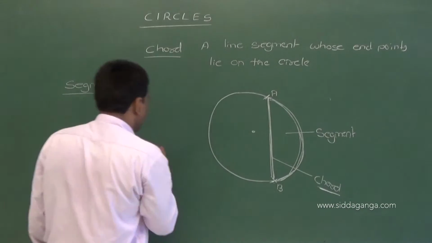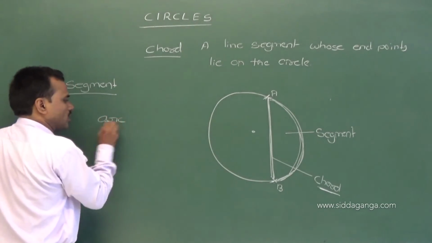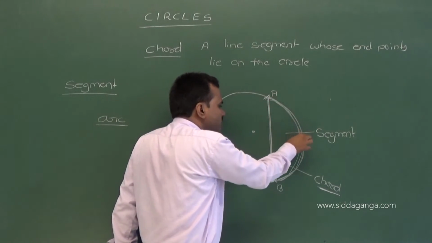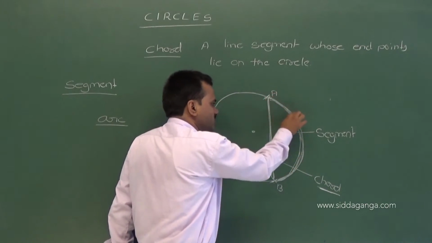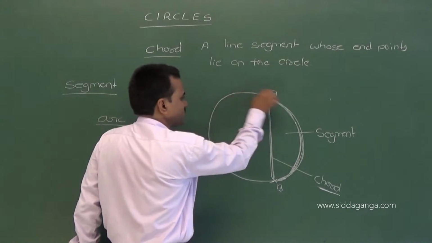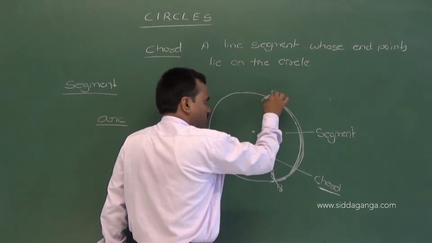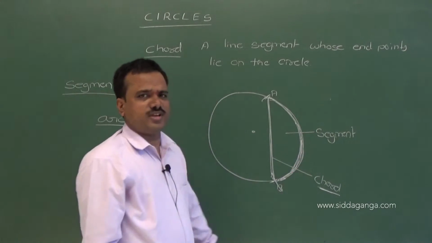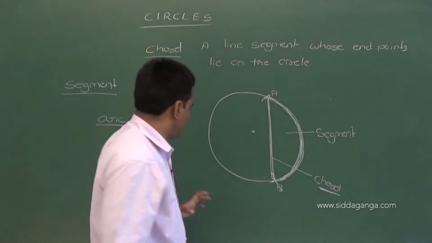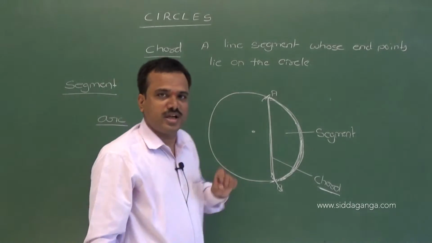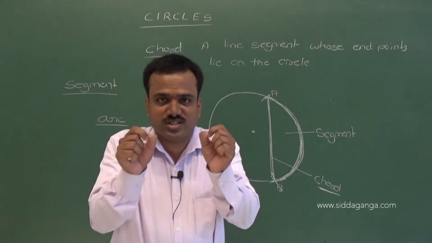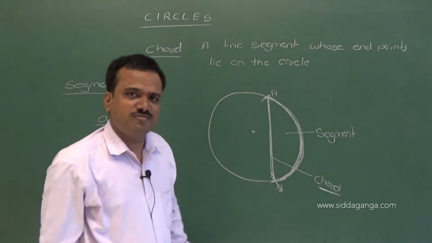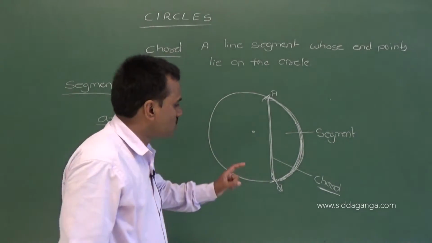Arc means what? Arc means a part of the circumference of a circle. This is the complete circumference of the circle. So this one, what I roughly draw, a part of the circumference of a circle, is called an arc.